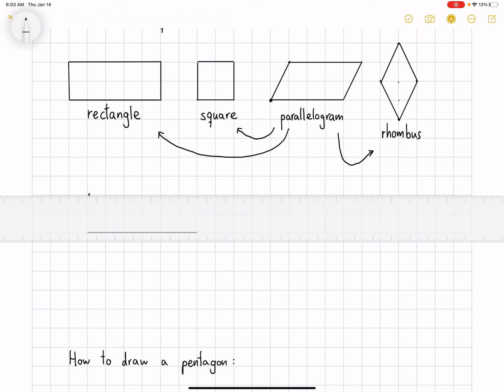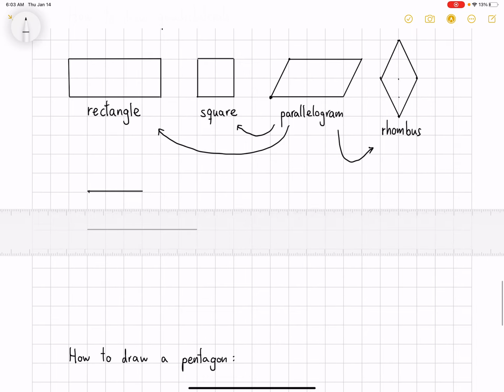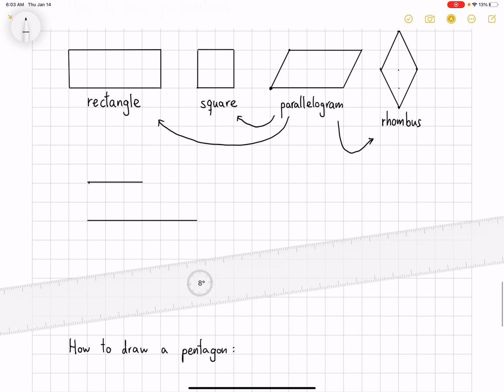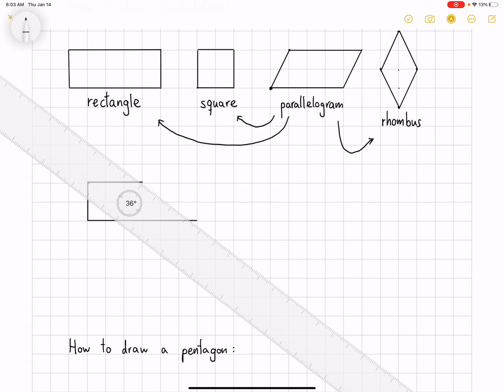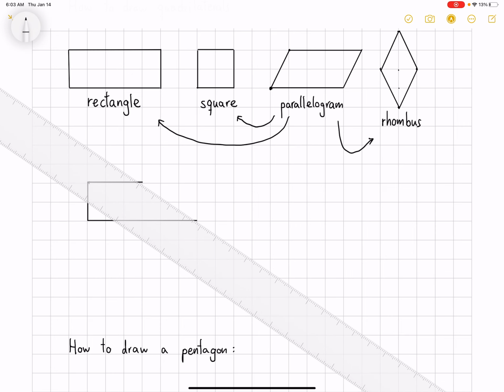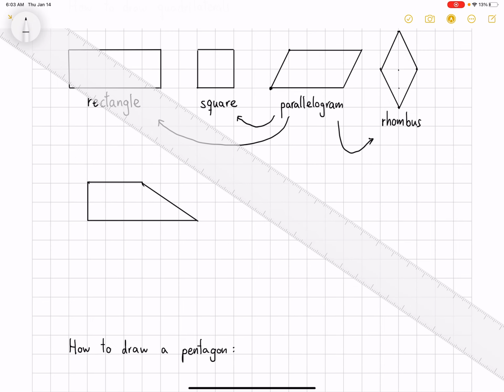Let's say 1, 2, 3. All right. Now, these 2 lines that we just drew are parallel, but what about the ones that are missing? They will not be parallel, as you can see. So this is an example of a trapezoid, like you already know. All right, so trapezoid.